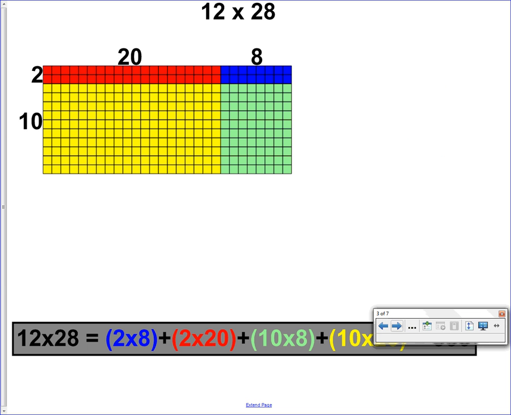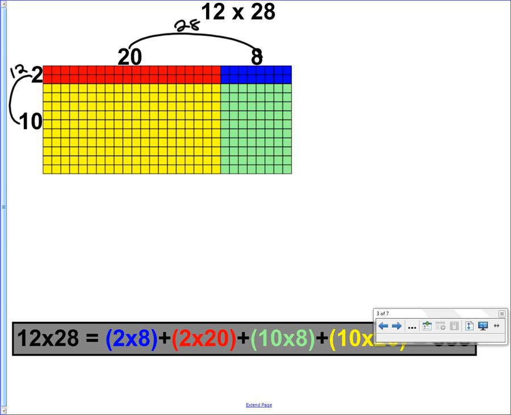Okay. So let's just look at the numbers 12 times 28. So you guys can see our 12 is right here. There's our 12. Right here is our 28. So this box right here would be 2 times 8. At least on the smartboard you can't see that very well.